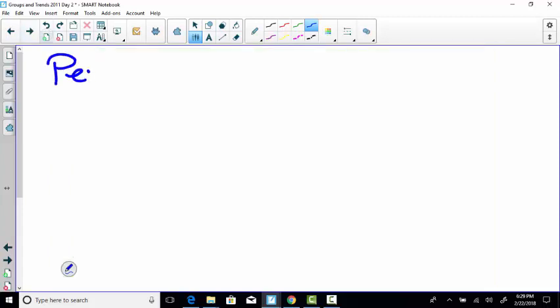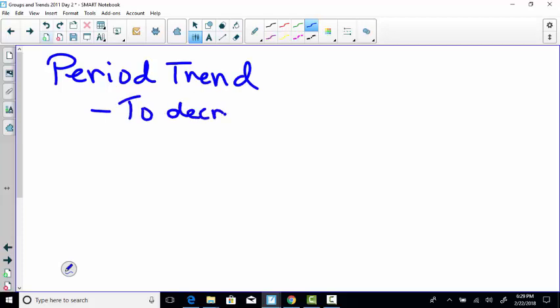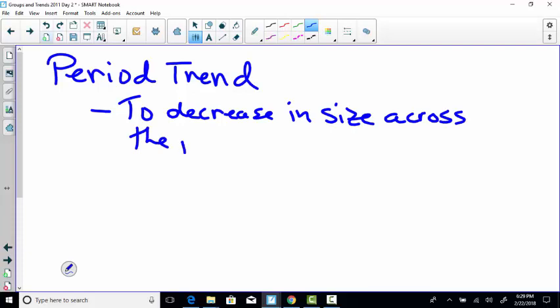So the period trend, and we're still on atomic radius, is to decrease in size across the period. Okay? So that is the atomic radius trend. And again, we want a reason, and I'm always going to ask you for a reason, and that is because there is greater attraction between electrons and protons as you move across.